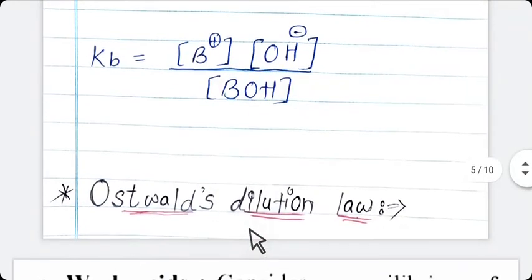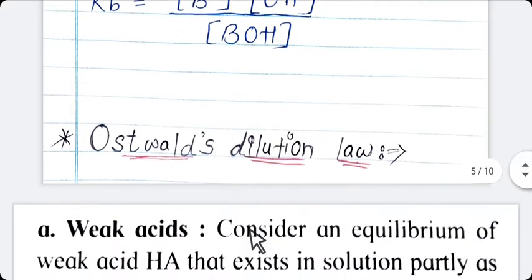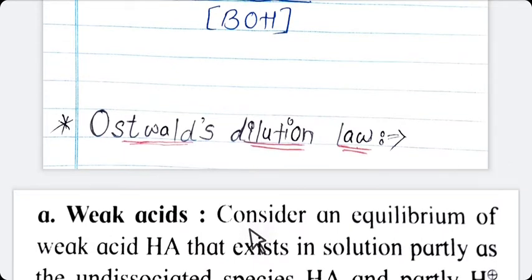Now the next topic is Ostwald dilution law. Ostwald dilution law is used for weak acid and weak base. First, we consider weak acid. So just take an example, general reaction of weak acid, HA. As we have already studied, weak acid exists in solution partially.